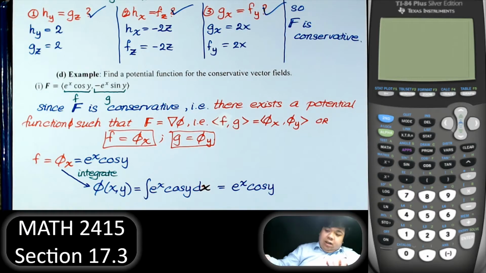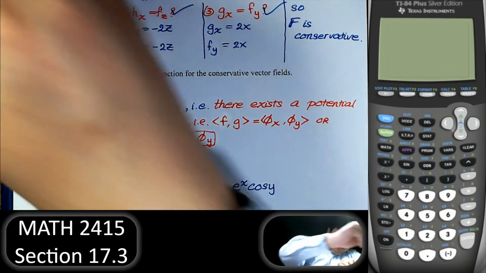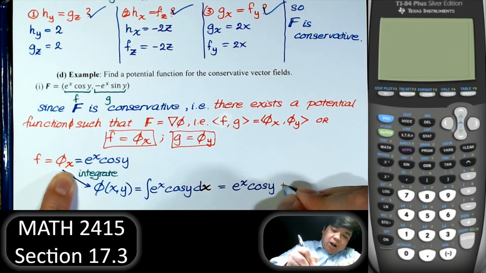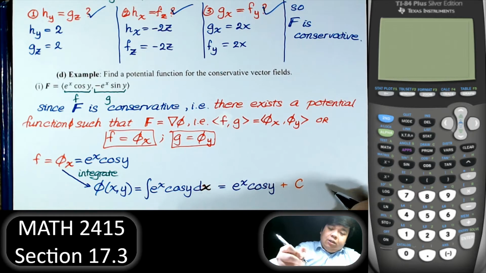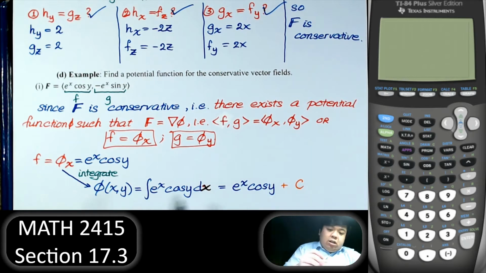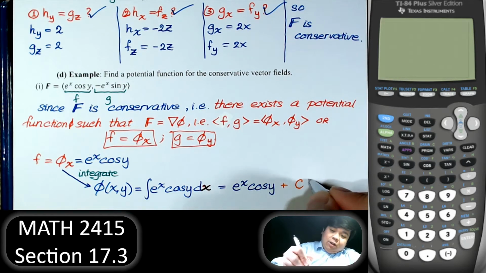Now, because this one is with respect to x, we can have a constant. But that constant with respect to x, we can have as a constant function of y.